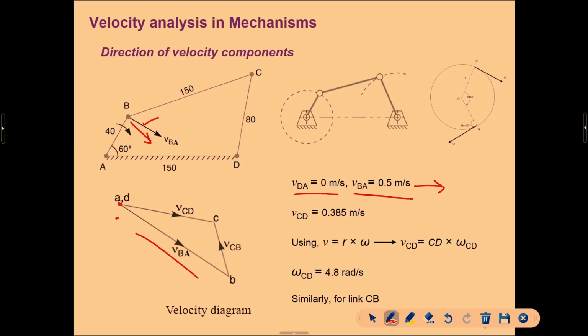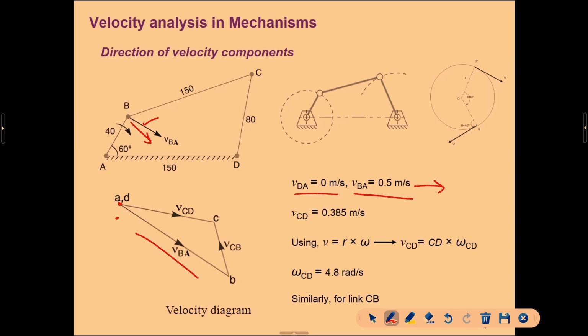So, the velocity of D with respect to A and B with respect to A have been represented in the velocity diagram. Then two more links exist, velocity of C with respect to B and velocity of C with respect to D. You can ask, why can't we say velocity of B with respect to C?